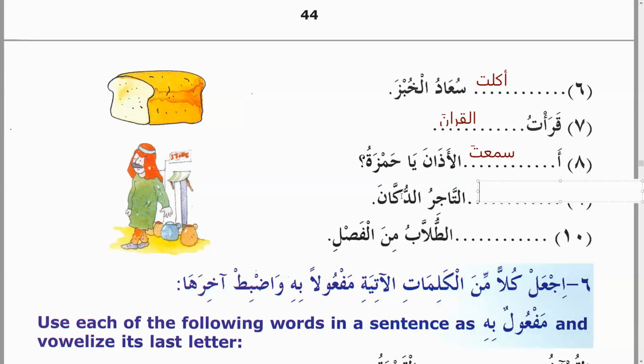At-tajiru dukana. The shopkeeper opened the shop. Or businessman, the trader. Opening, we have a verb. Fataha. Yes, fataha. Fataha at-tajiru dukana. Next, tullabu min al-fasli.